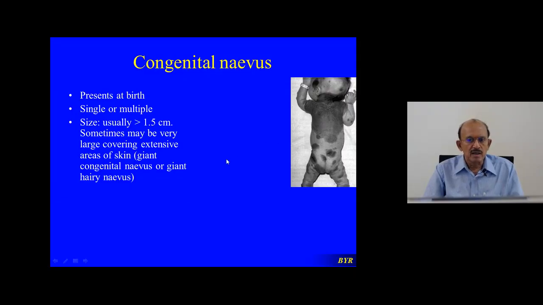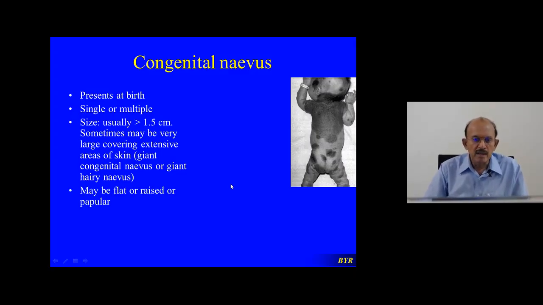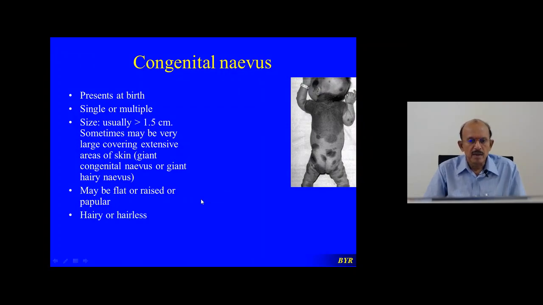Then it is called the giant congenital nevus. If it has hair, then it is called giant hairy nevus. It may be flat or raised or papular. It may be hairy or hairless. It may become malignant before puberty, especially in large nevi. So some of these congenital giant nevi may become malignant also.